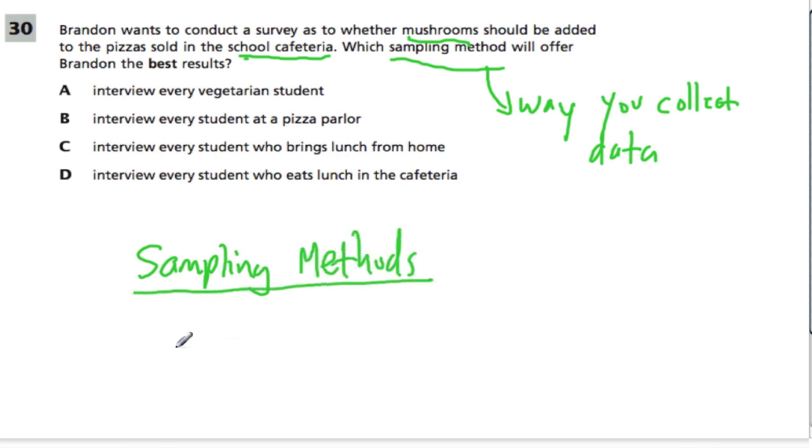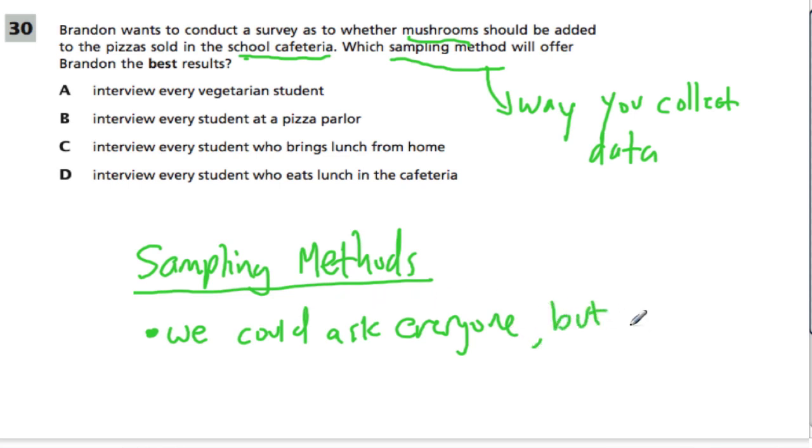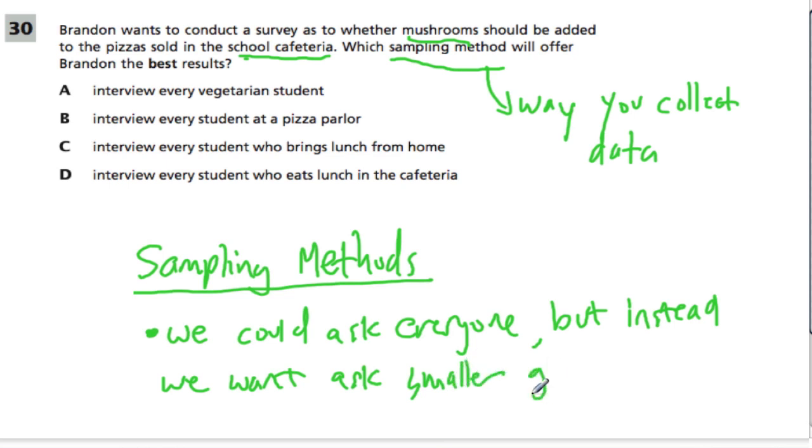The idea is that instead of asking everybody, because we could ask everyone, it gets more difficult the larger the group. But for sampling methods, we could ask everyone, but instead of asking everybody, we want to ask smaller groups that represent everybody.